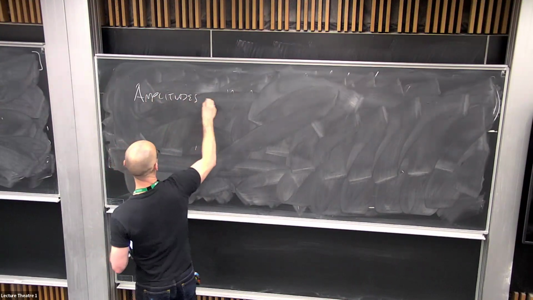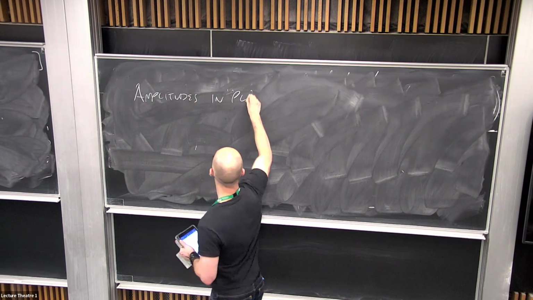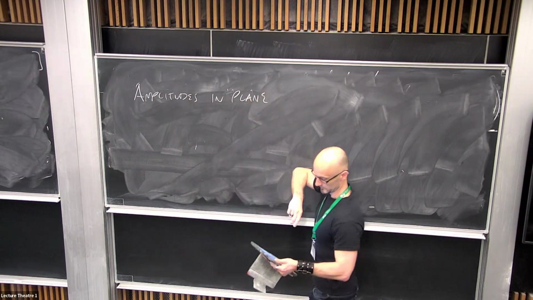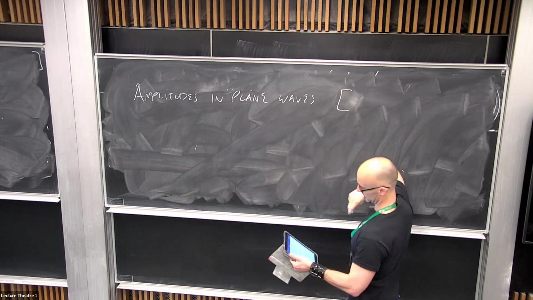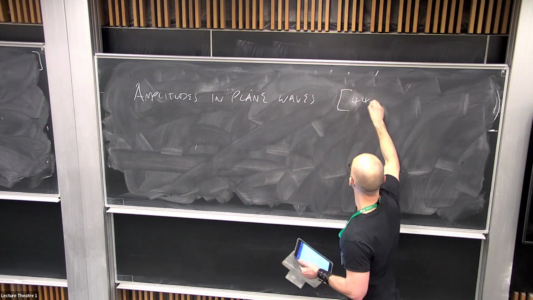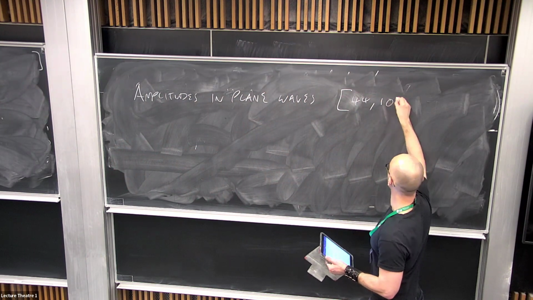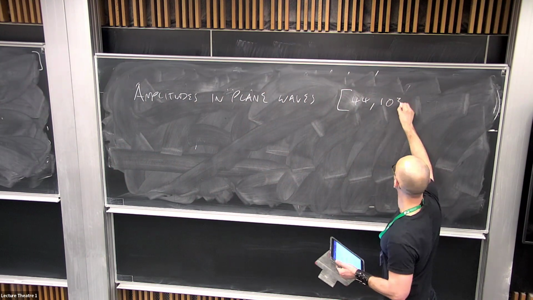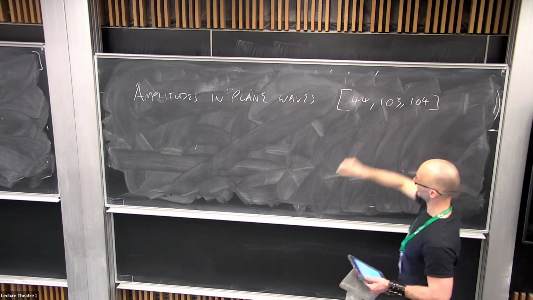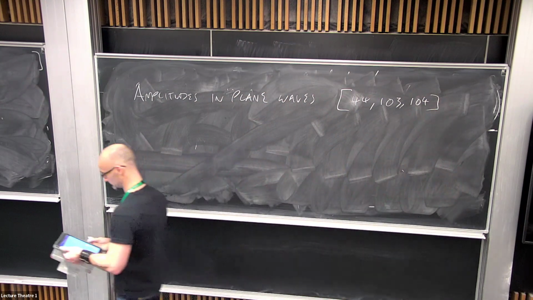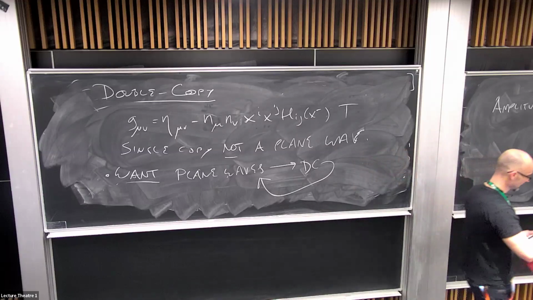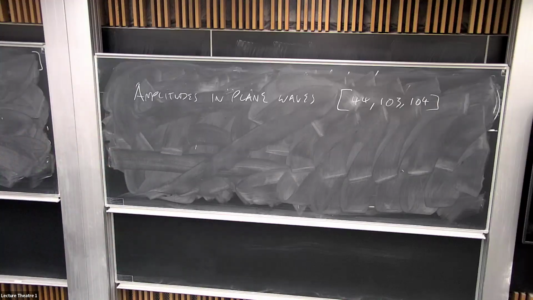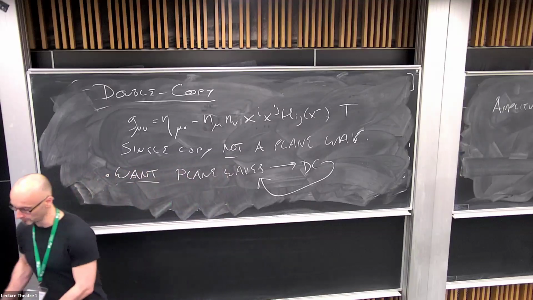So let's think about amplitudes in plane waves, and how we might get a double copy to work with those. This is taken from papers by Adamo, Mason and collaborators. We think about some amplitude in Yang-Mills, just calculate it perturbatively. How do we normally do double copy?